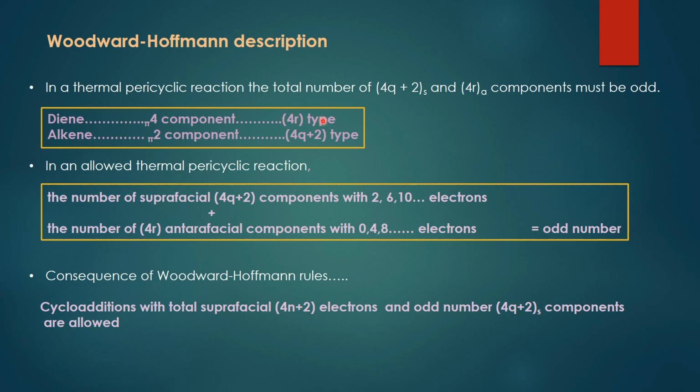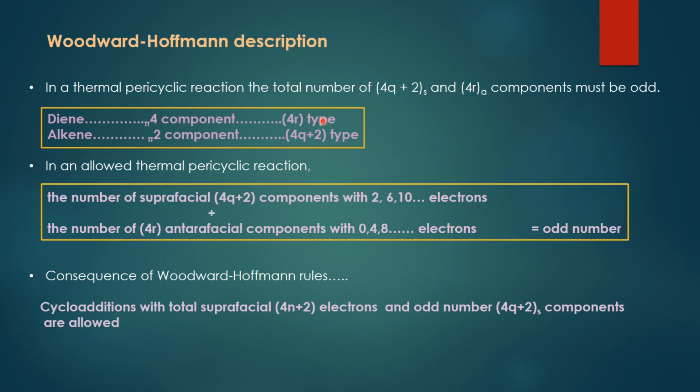In the Huckel theory for aromatic compounds, we know that 2, 6, 10 electrons are 4n plus 2 electrons, whereas 4, 8, 12 are multiples of 4 electrons. If it has a multiple of 4 as the number of pi electrons, that is anti-aromatic.